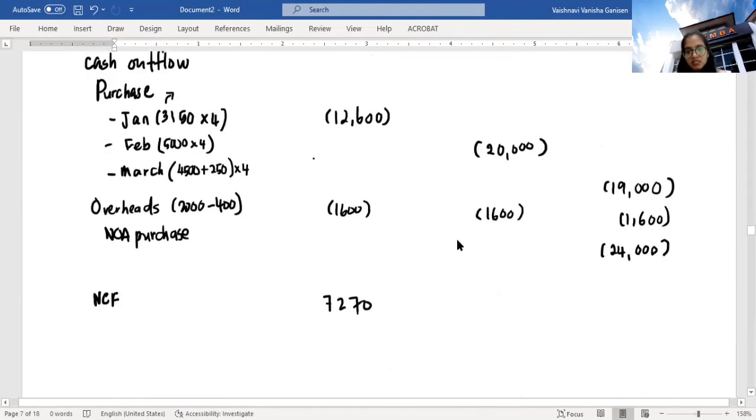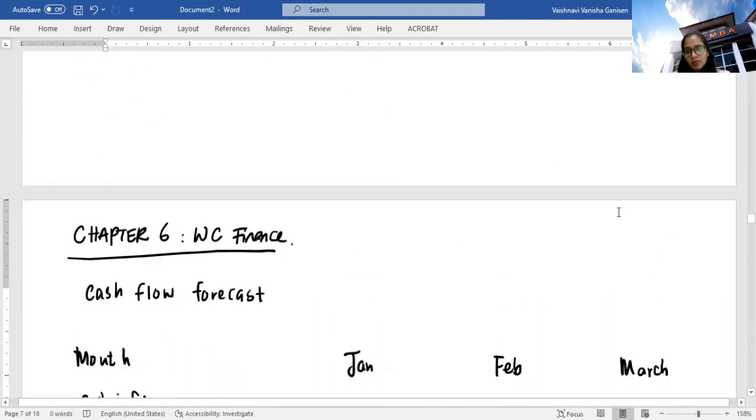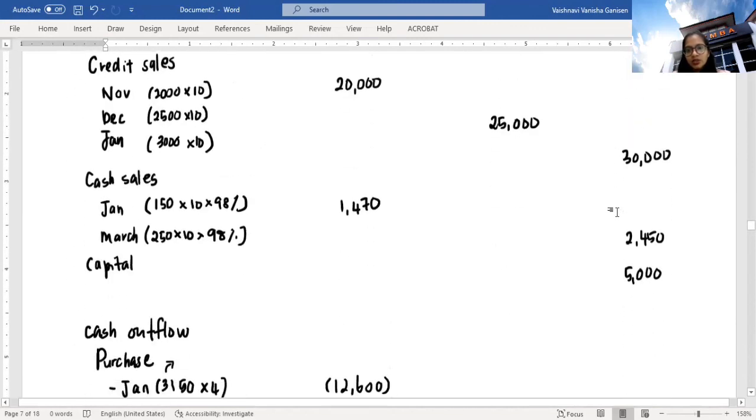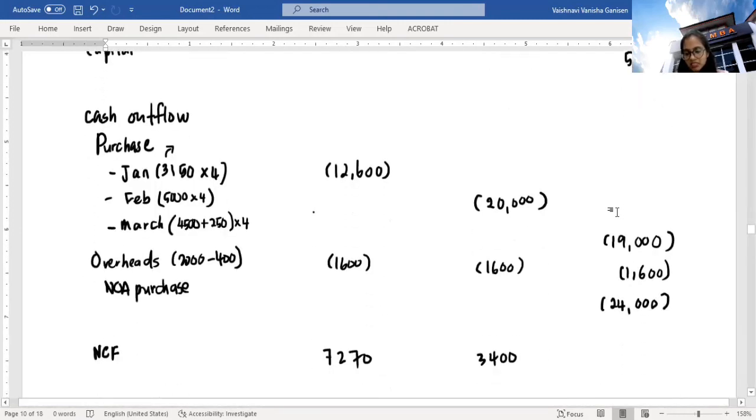Then 25,000 minus 21,600 is 3,400. In March, 30,000 plus 2,450 plus 5,000 minus 19,000 minus 1,600 minus 24,000. Here the net cash flow is 7,150.